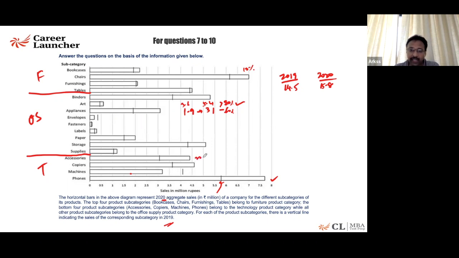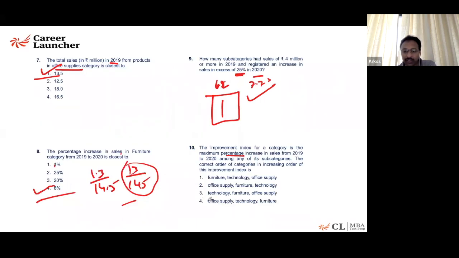That's 25%. This we got it as more than 25%. So clearly the highest here is 10%. Then this one, technology, furniture, technology, and office supplies. Most probably my answer for 10th question should be 1. Let me just check it out so that we don't make a mistake of it. Absolutely. Furniture, technology, and office supply.